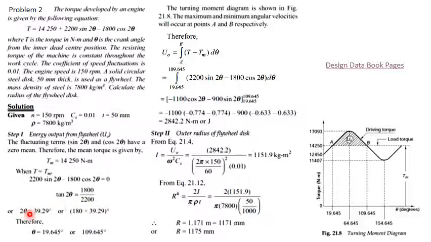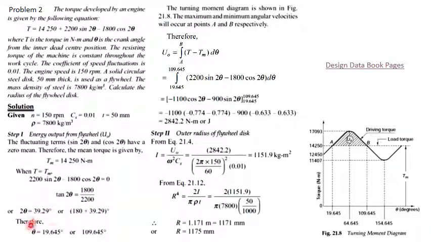2 theta equal to 29.29 degrees, or if we add 180, it is around 220.